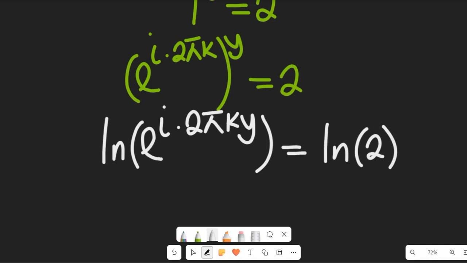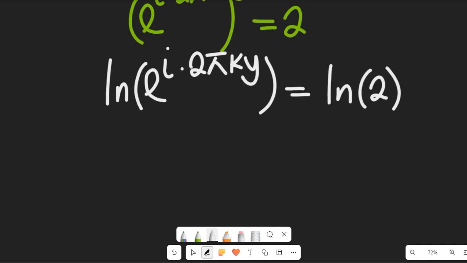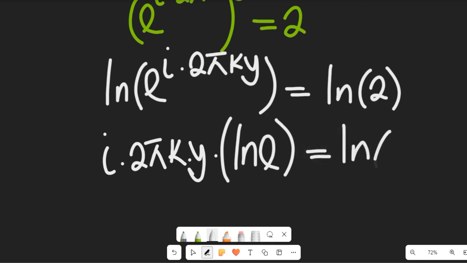Now if we multiply this, remember the law of logarithm, that this power will multiply the natural log. So that will give us i multiplied by 2 pi k, which is multiplying y, will multiply the natural log of e, and this will be equal to natural log of 2.